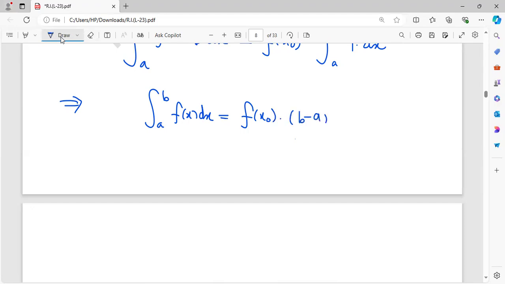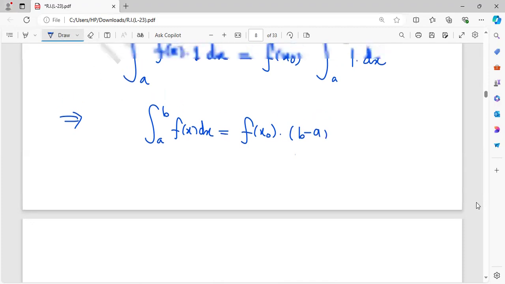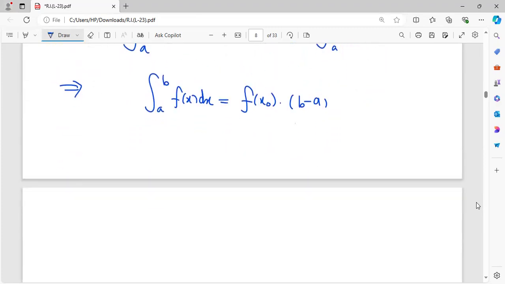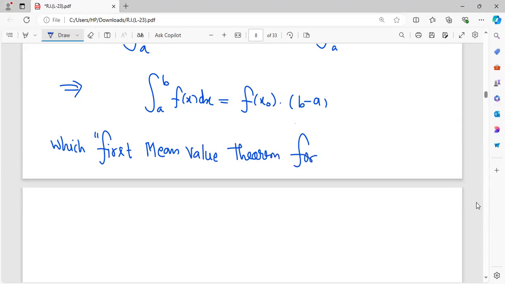So this is the first mean value theorem for continuous function.